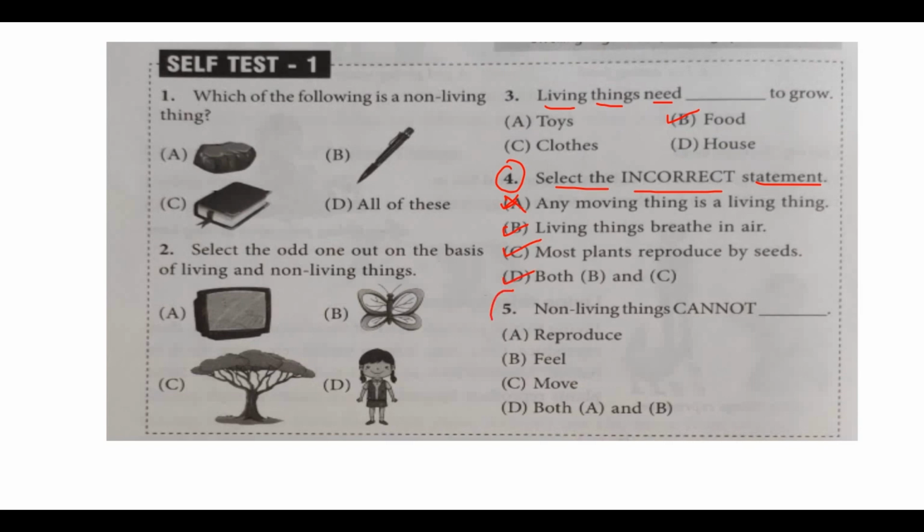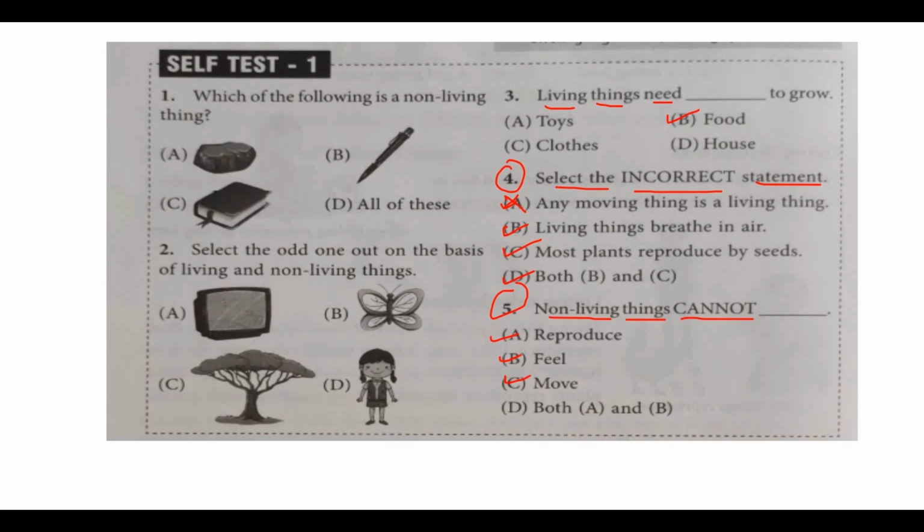So question number 5, non-living things cannot reproduce, feel or move, or both A and B. Move, non-living things can move, but they cannot move on their own. But they cannot reproduce and they cannot feel. So both A and B are the options here.